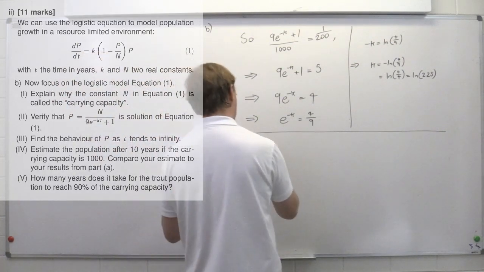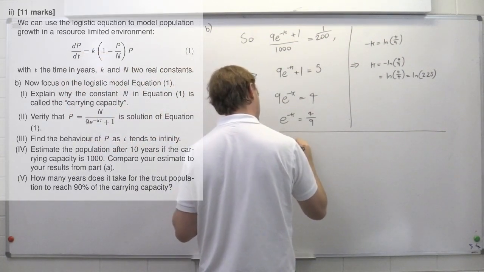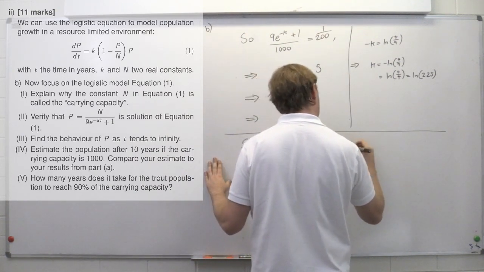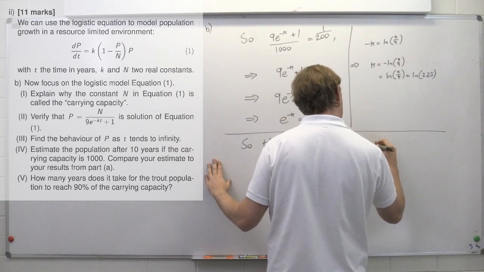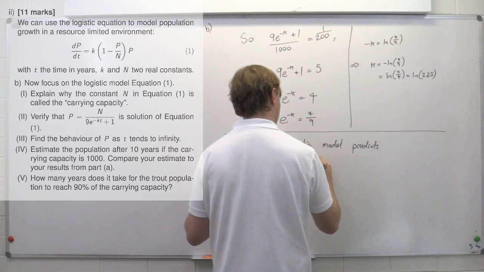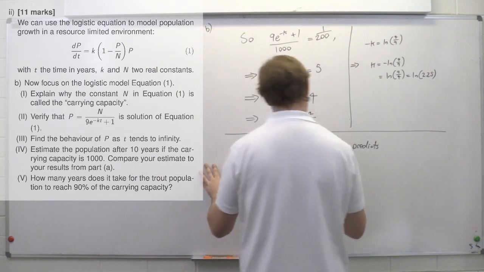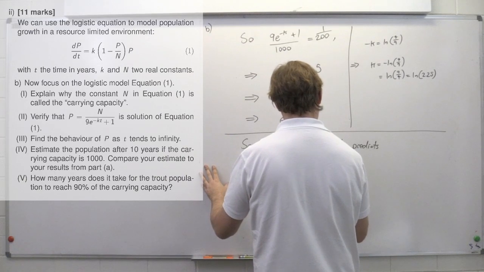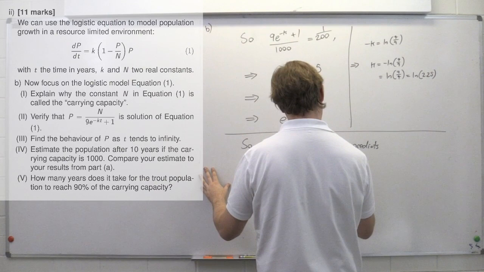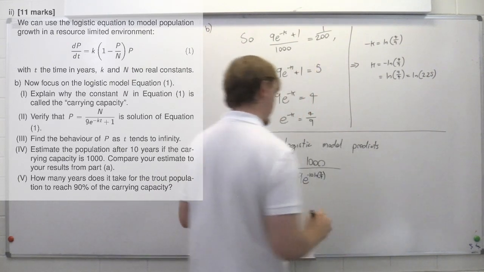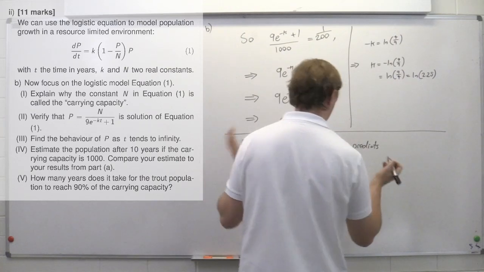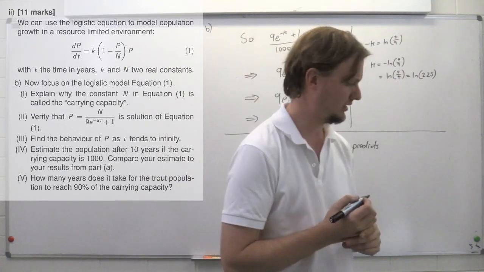So the logistic model predicts, well, the population at 10 years is just going to be 1,000 divided by 9e to the minus 10 log of 9 over 4, plus 1, and you really just do need a calculator for this.